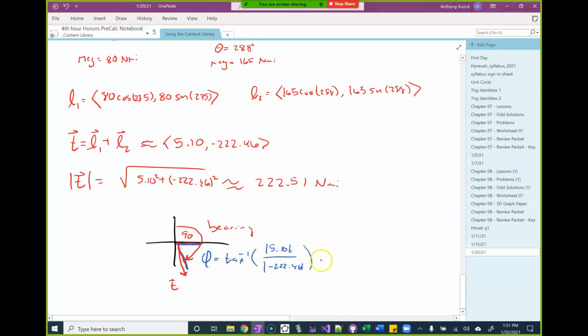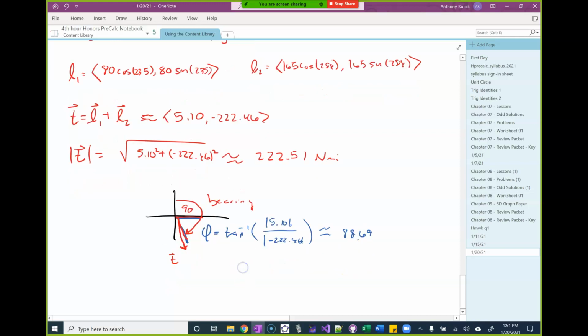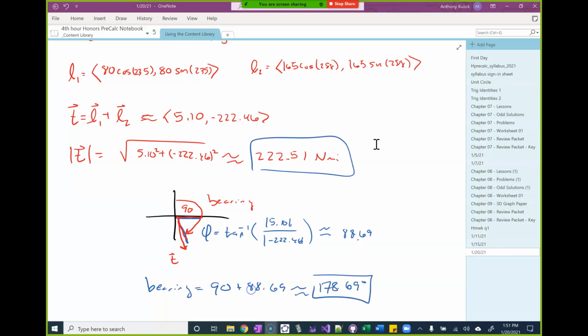So instead of using the vectors, can we just solve the triangles? Well, here's the issue: this is in the vectors chapter. So the point of this is to get comfortable using vectors to do it. Okay, that makes sense. Sure, but you're going to have a non-right triangle that you'd have to solve.